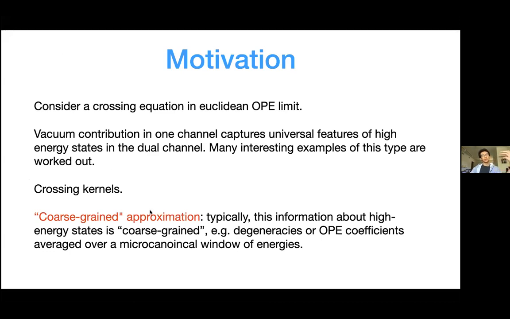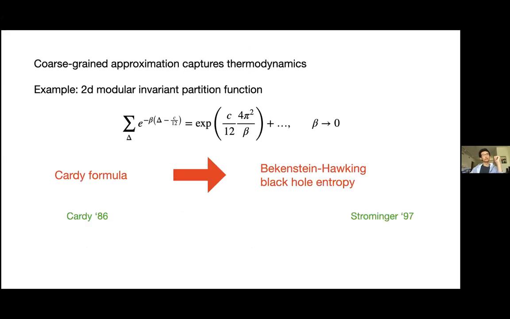I think this can be naturally called a coarse-grained approximation, because the information that you typically get in this way is in some sense coarse, in that it has to be averaged over a certain range of energies. That's what you usually get in this approximation.